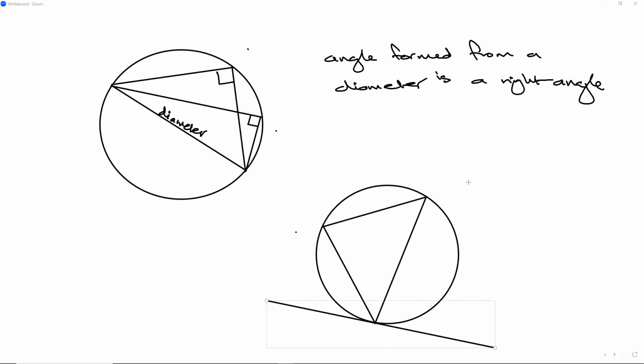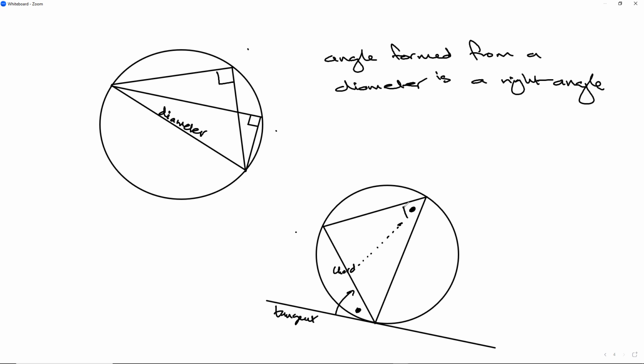So for this one here, we say that the angle from the tangent to the chord is equal to the angle subtended by that chord. The angle between a tangent and a chord is equal to the angle subtended by that chord.